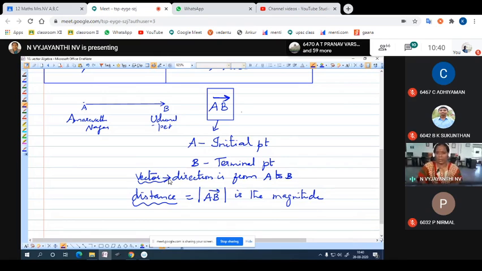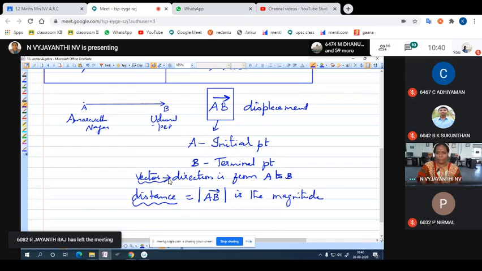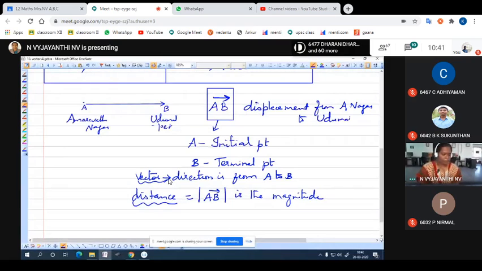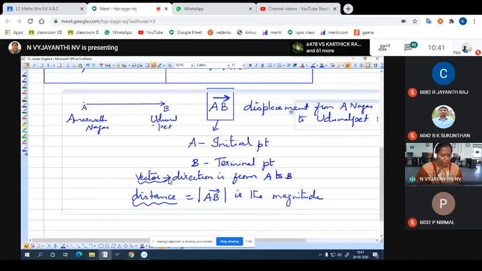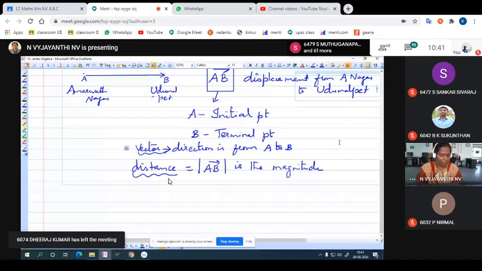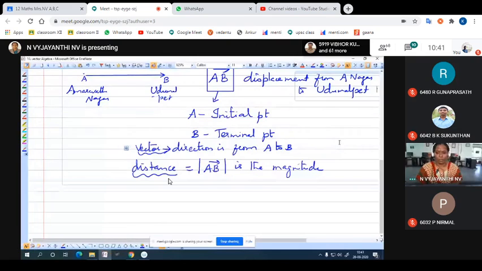So it is a vector quantity. Understood? Displacement from Amaravati Nagar to Udumalpet is a vector quantity. Anything else you want? Do you have any other doubt in this notation? Open your mouth and speak.